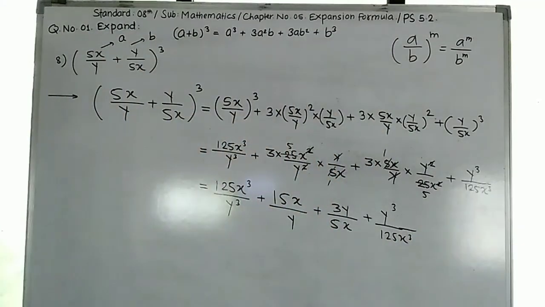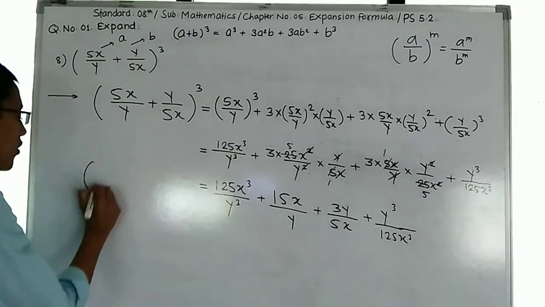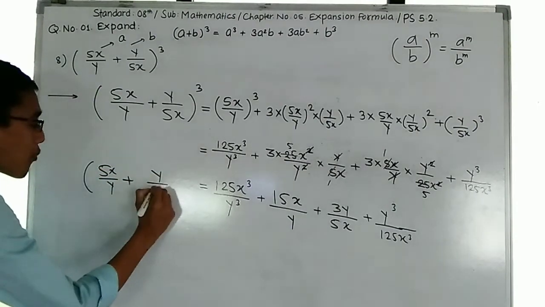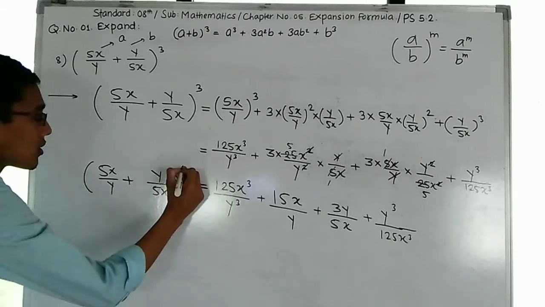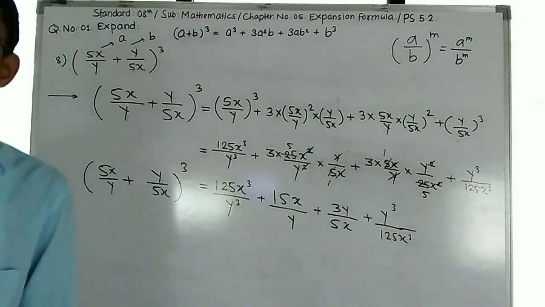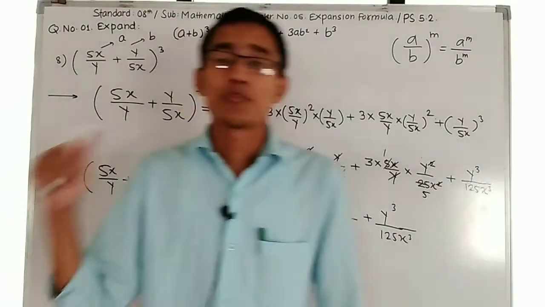So the expansion of 5x upon y plus y upon 5x raised to 3 is 125x cube upon y cube plus 15x upon y plus 3y upon 5x plus y cube upon 125x cube. So this is the required solution for this particular question.